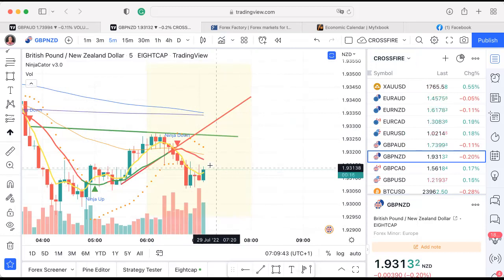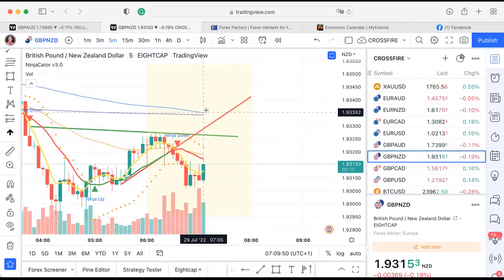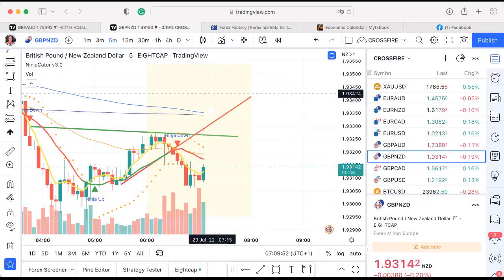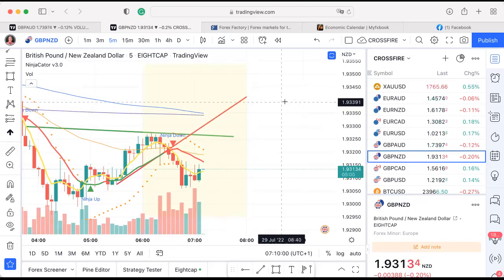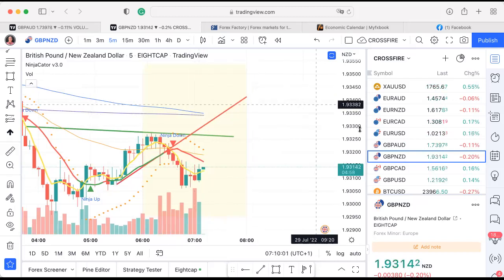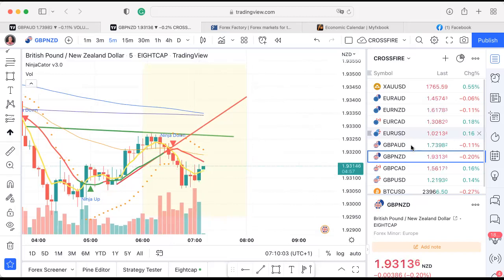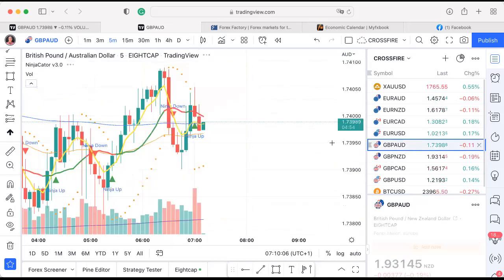If it goes up, it's got several obstacles, and it's only going to go up as far as that point. That, well, no, it could go on forever. That's misleading. But these are the potential targets, and to me, those targets are a bit too close to make it worthwhile. So I'm not as attracted by that. I'll go through the others.